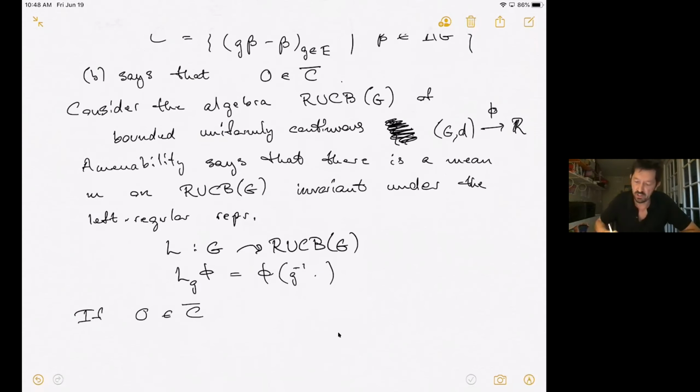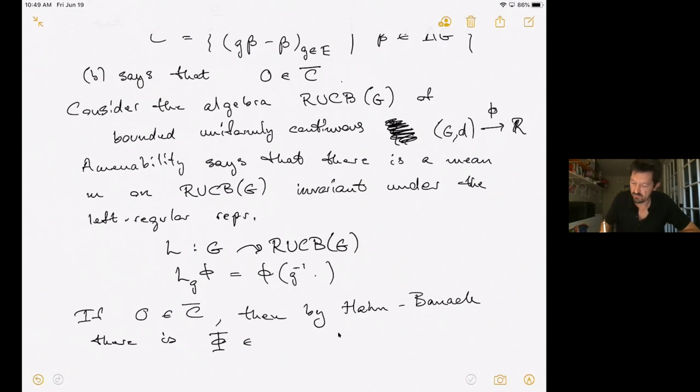Well, you just use Banach. So then, by Banach, there is a linear functional.